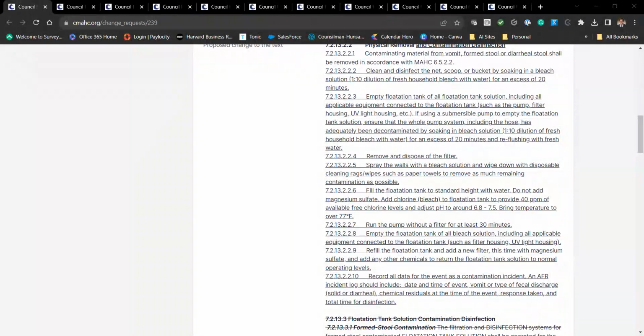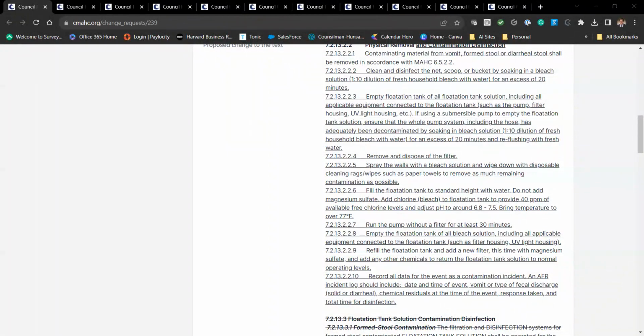It has this repetitive thing, where it just says disinfect prior to refilling for diarrhea, then 7.2.13.3.3 for vomit, disinfect prior to refilling, then 7.2.13.3.4 blood contamination.